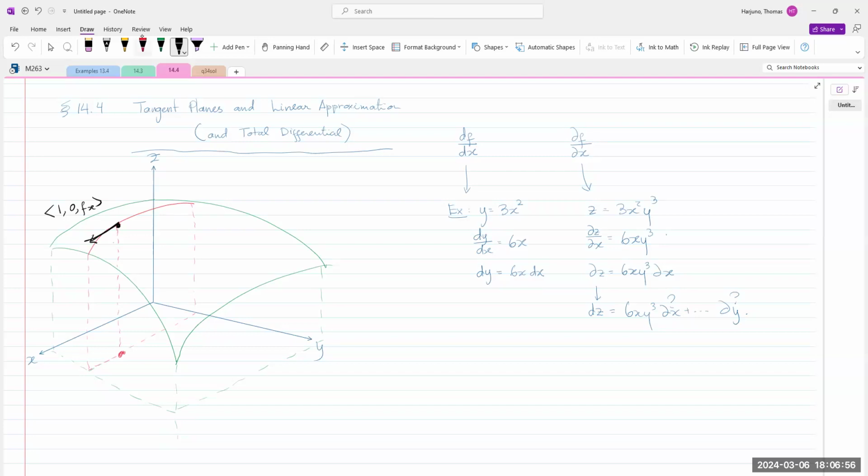And we also have, at the same point, if we do the partial derivative with respect to y, in the interpretation we had earlier, we get, let's say, this is the vector, 0, 1, f sub y.